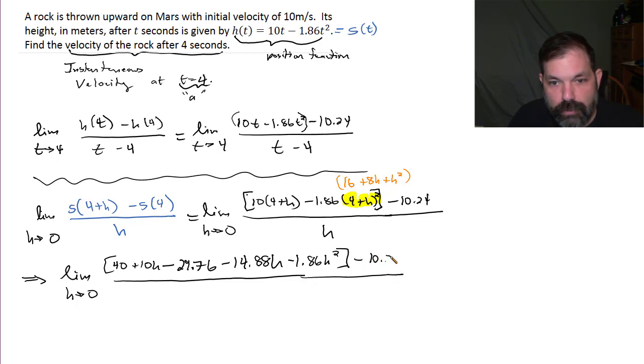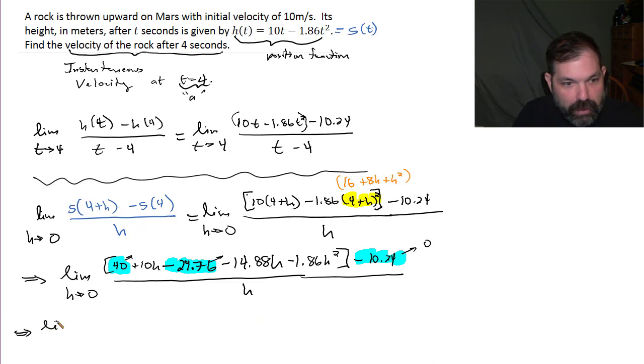Still minus 10.24, still over h. Now, combining like terms, 40 minus 29.76 is 10.24, if I'm not mistaken, minus 10.24. Those terms go to 0. Those terms that I just highlighted in blue go to 0.